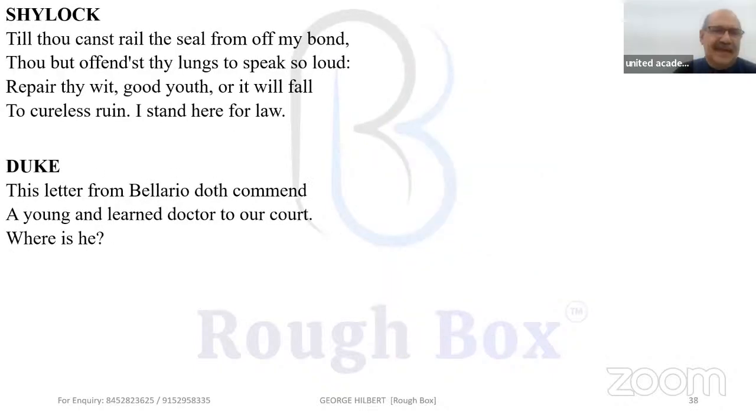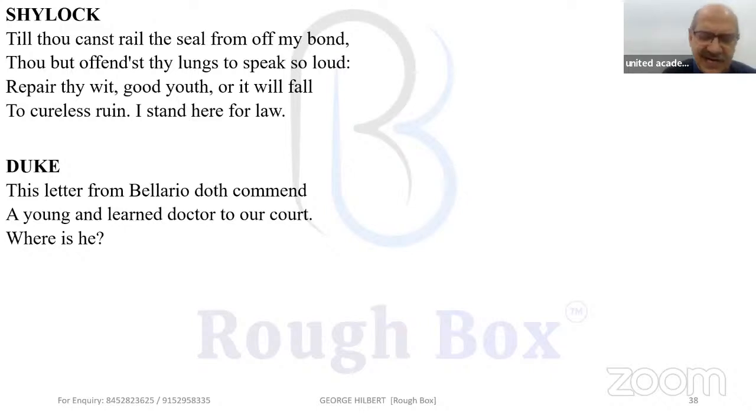So when Graciano talks in this manner, shouting at the top of his voice, cursing and abusing Shylock, in a very cool and calm manner Shylock tells him, "Till thou canst rail the seal from off my bond, thou but offendest thy lungs to speak so loud."